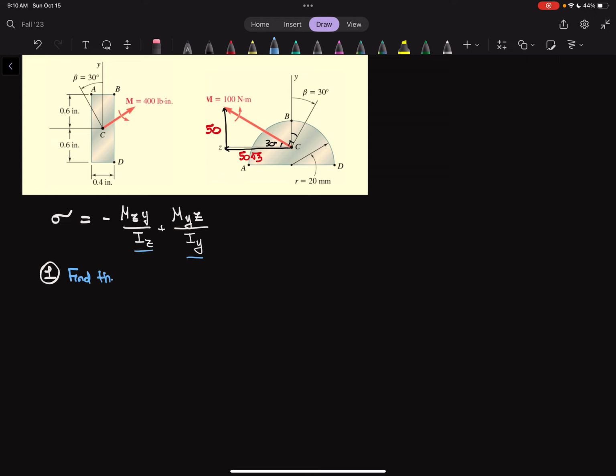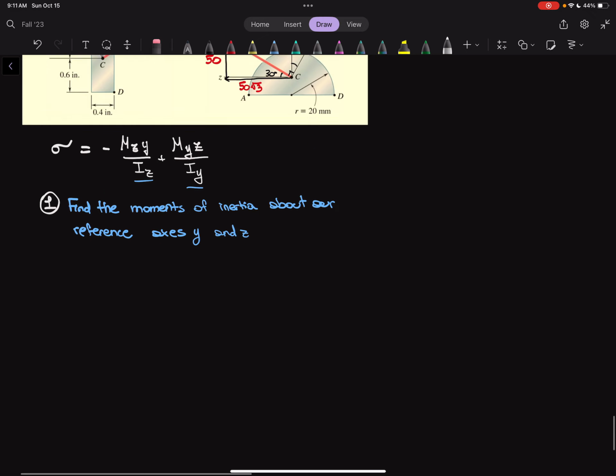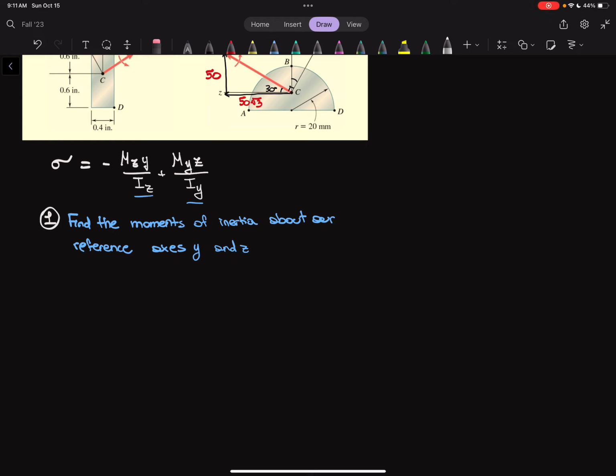Find the moments of inertia about our reference axes y and z. And so how are we going to do this? Well, if you go to the moment of inertia table for a semicircle, you'll see that Iy will be equal to Iz, which is going to be equal to 1 over 8 pi times r to the fourth.